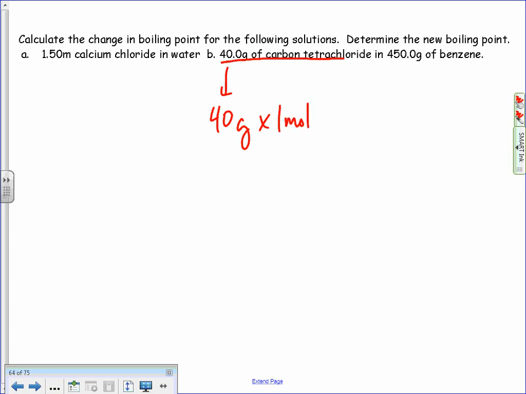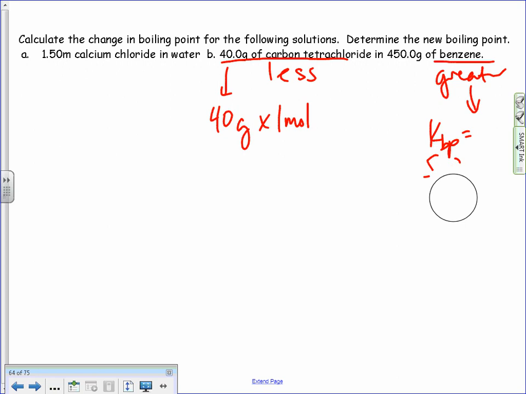This is going to be the solute, while benzene is the solvent, because the lesser one is the solute, the greater one is the solvent. So the K is in reference to the solvent, which is benzene. And what's the K_bp for benzene? 5.12. It was in the book. Do you remember seeing that in the chart? It's on like page 498 in the book or something like that. So 5.12 degrees C per molal.